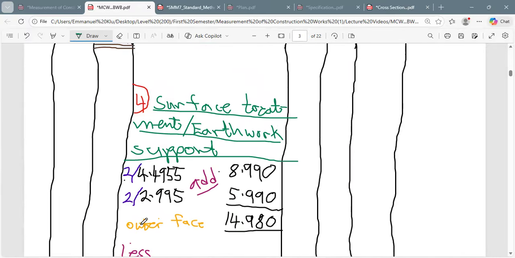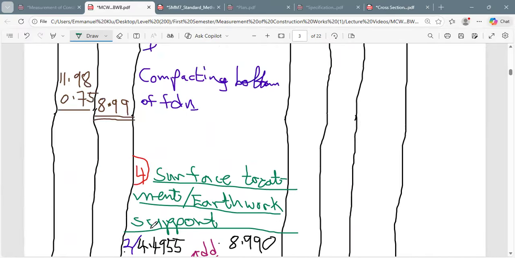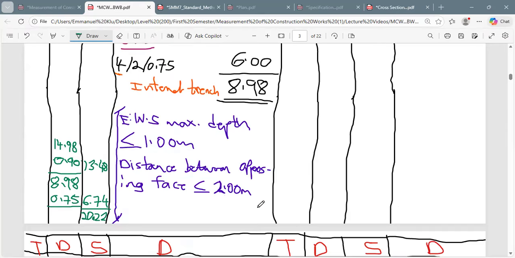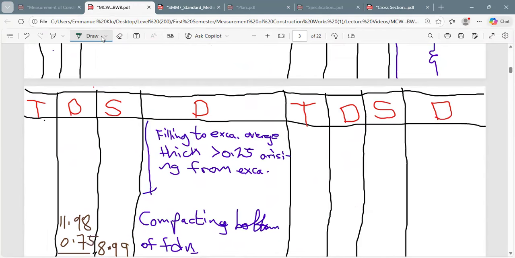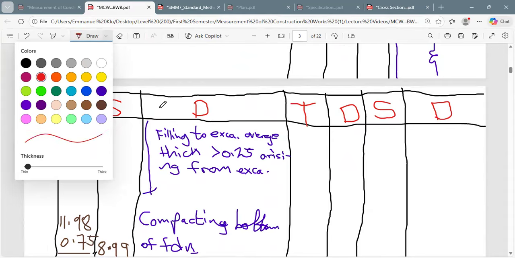So let's proceed. Now we are done with the earthwork support. So we have to move to concrete and foundation. We are almost done. That becomes our fifth takeoff we are supposed to look at.